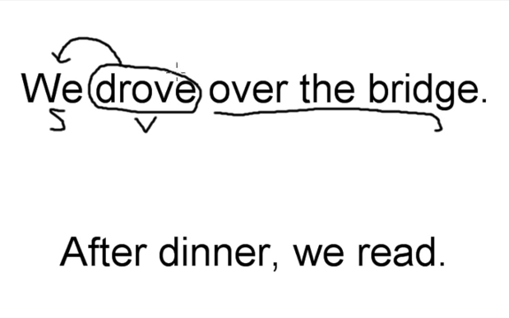So when that verb is followed immediately by a prepositional phrase, we know that this verb is intransitive. And intransitive verbs don't have objects. We can't answer that who or what question after the verb. It's intransitive, no object.